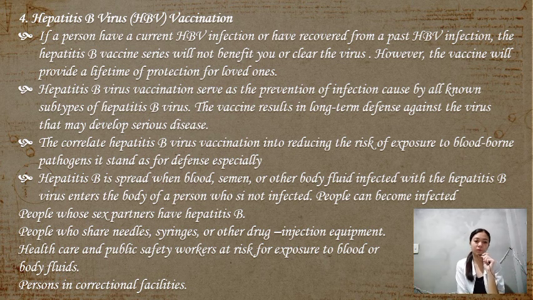However, the vaccine will provide a lifetime of protection for loved ones and also for those who are at risk of being infected by the virus. Hepatitis B vaccination serves as prevention of infection caused by all known subtypes of hepatitis B virus. The vaccine results in long-term defense against the virus that may develop into serious disease.